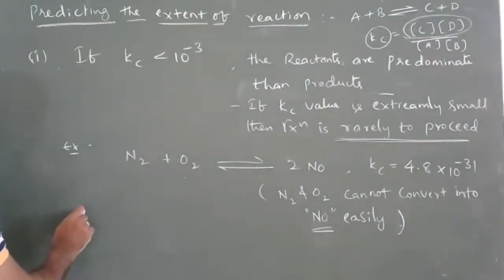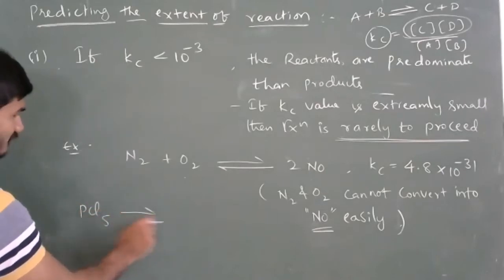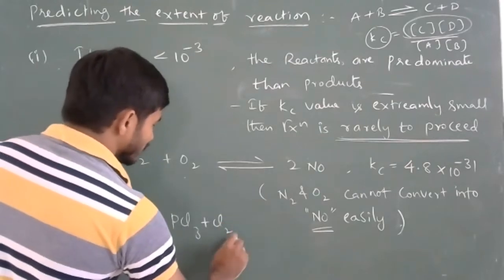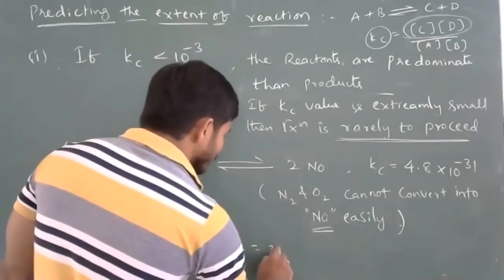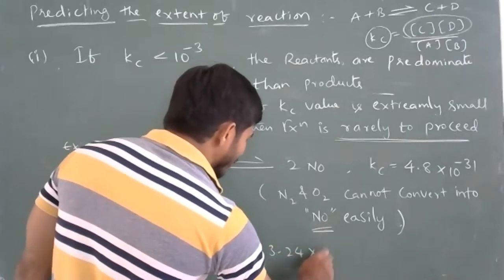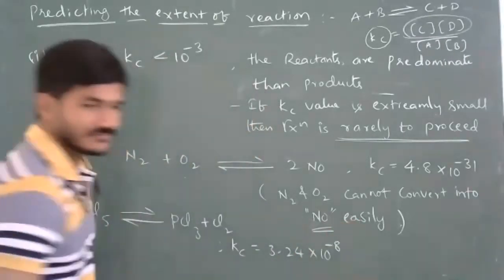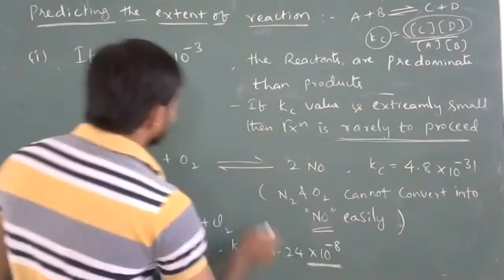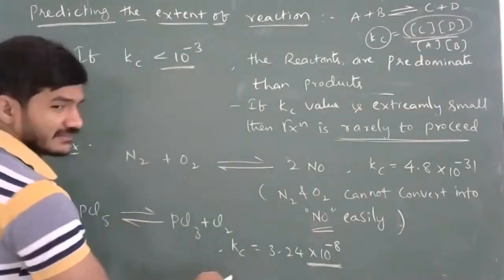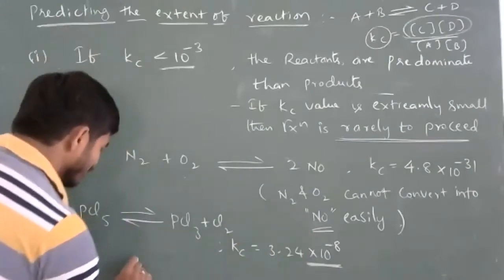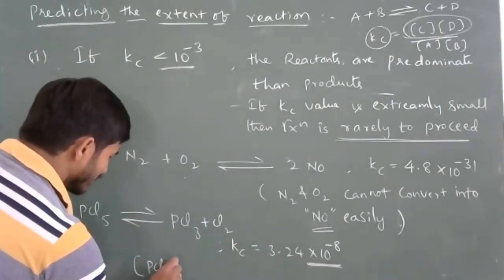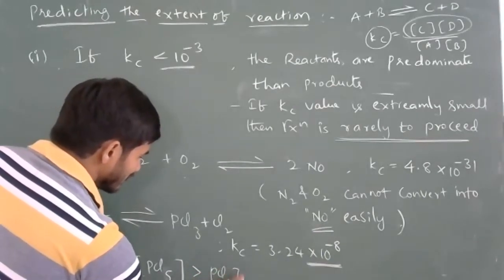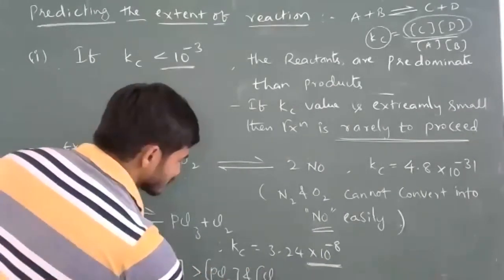Now if PCl5 is converted into PCl3 plus Cl2, for this Kc value is 3.24 into 10 power minus 8. So for this Kc value, what can I write? It is less than 10 power minus 3, but this is not an extremely small value. So I can write here that PCl5 concentration is more than PCl3 and Cl2 concentration.